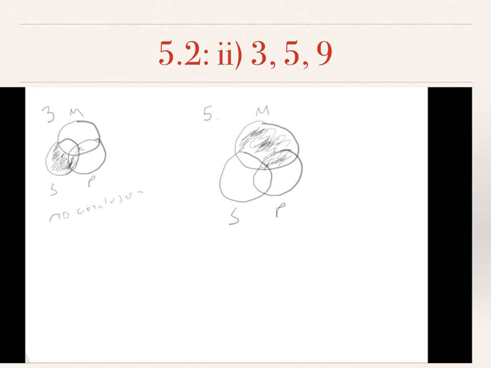So that puts the X in that little tiny spot, because I didn't draw this very well. So we can conclude that there is an S that is P, right? We have the X in the S circle, and it's also in the P circle. So we can say some S are P. So we can conclude that.